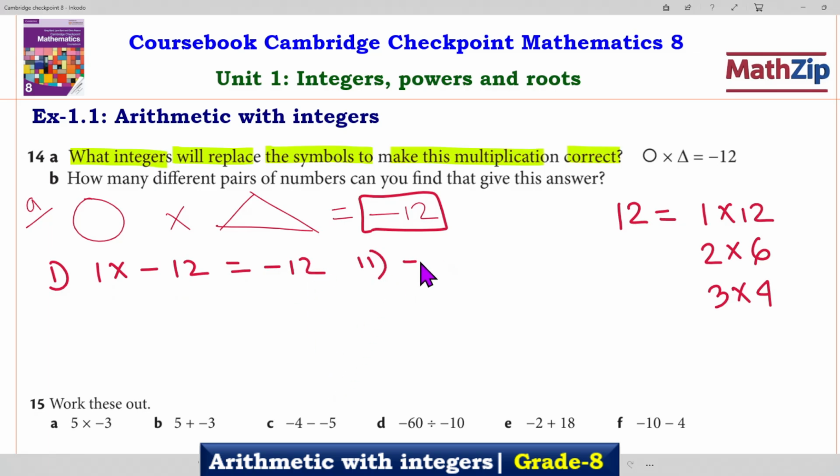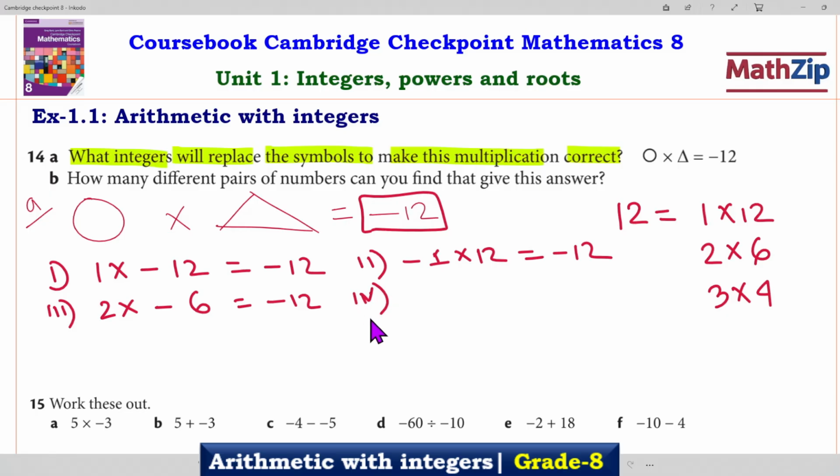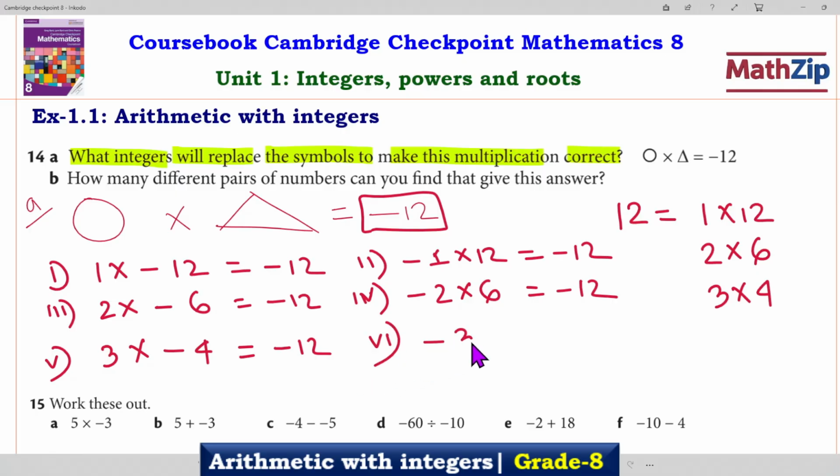Minus 1 times 12, it will also minus 12. Number 3, 2 times minus 6, it will be minus 12. Number 4, minus 2 times only 6, it means positive 6, it will also become minus 12. And number 5, look, 3 times minus 4, it will become minus 12. And number 6, minus 3 times 4, it will become minus 12.